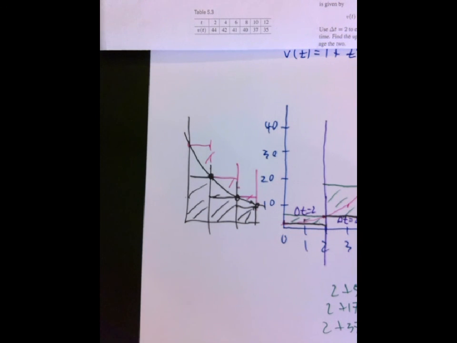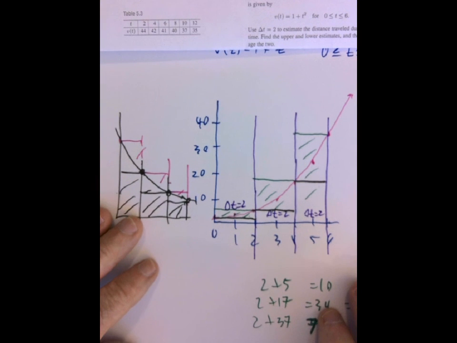So whether the left-hand sum or the right-hand sum gives you the upper or the lower estimate depends on whether you are increasing or decreasing. So you got to pay attention to that.